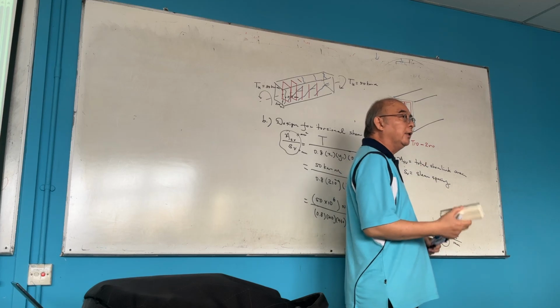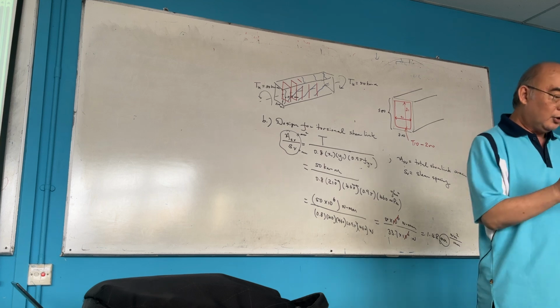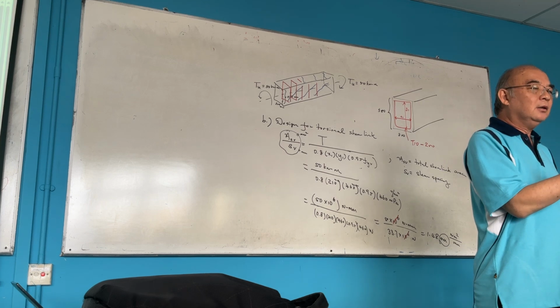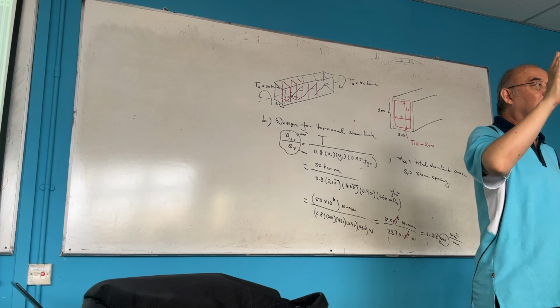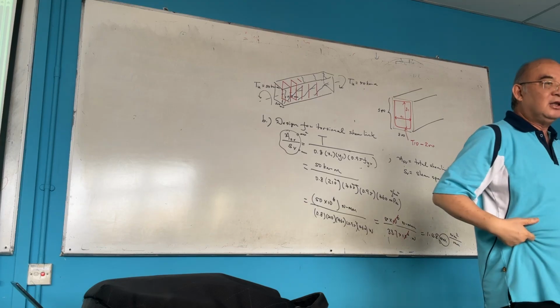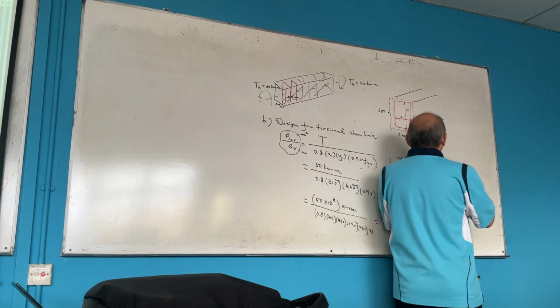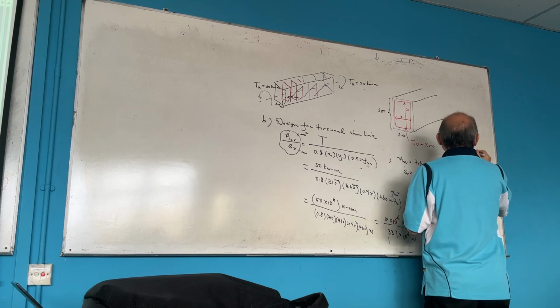You can choose T10, T12 or T8, because the size is normally 8, 10 or 12. Very seldom we go to T16, T25. Commonly used is T10. Let's say we use T10.